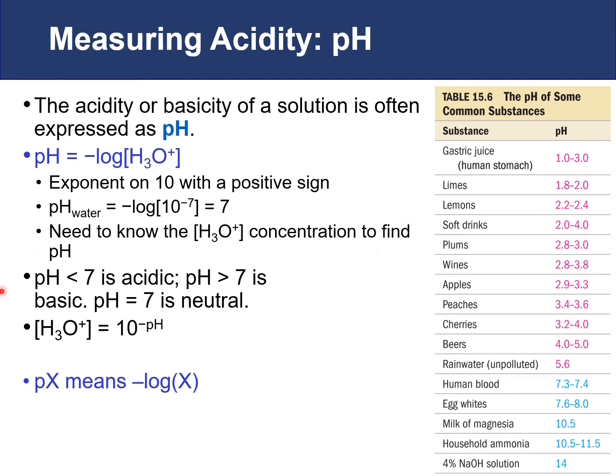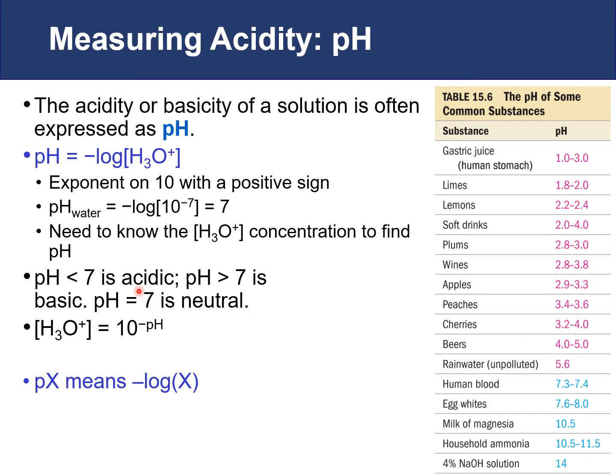For solutions that have a pH that is less than 7, what this is essentially saying is that the concentration of the hydronium ions is greater than what you would find under neutral conditions. So the exponent on the concentration of the hydronium ions is going to be greater than 10 to the negative 7th.